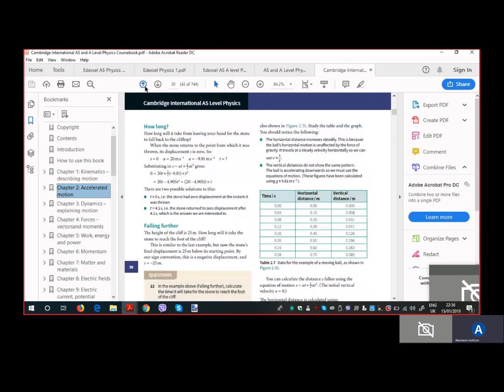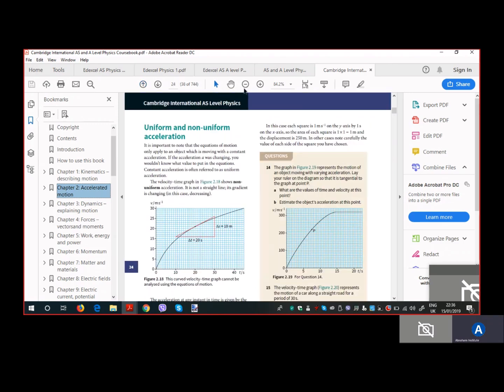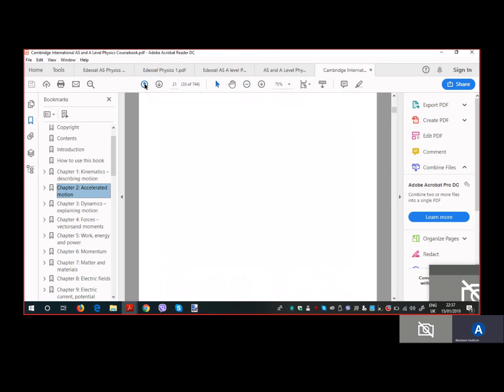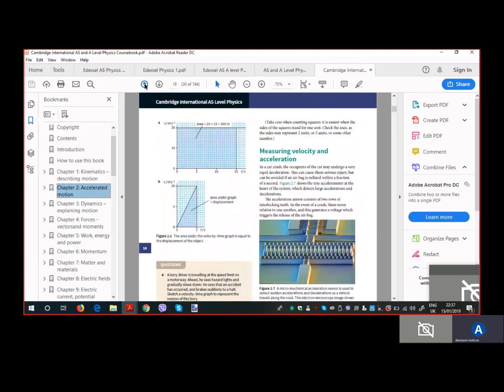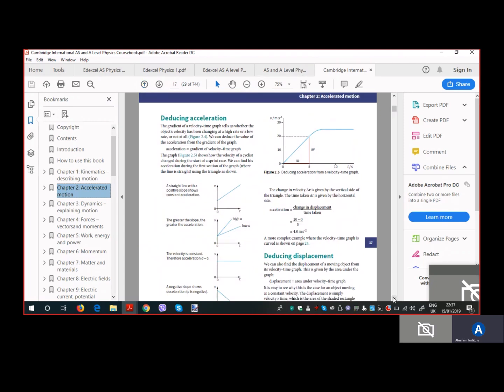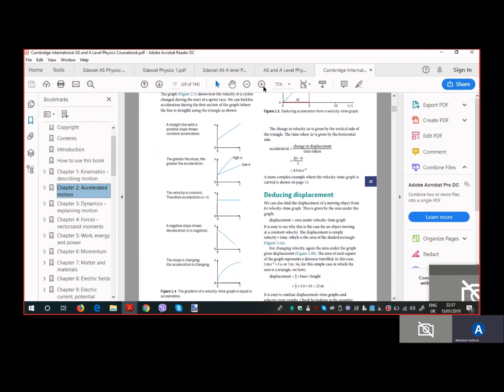Okay, so we have the velocity time graph now. First thing is you have to see what the axes of the graph are.